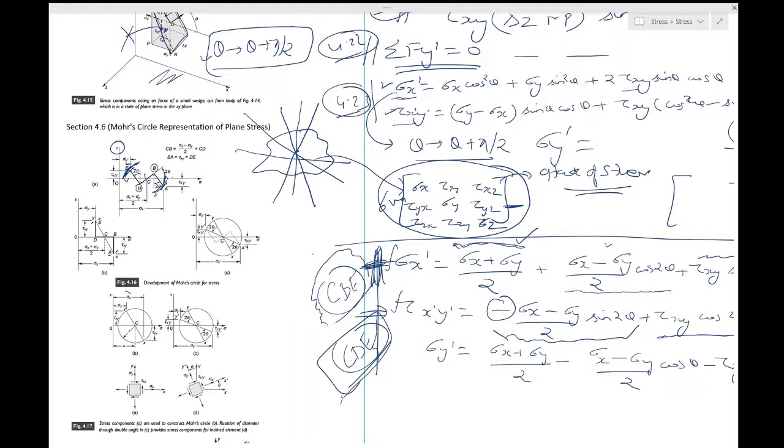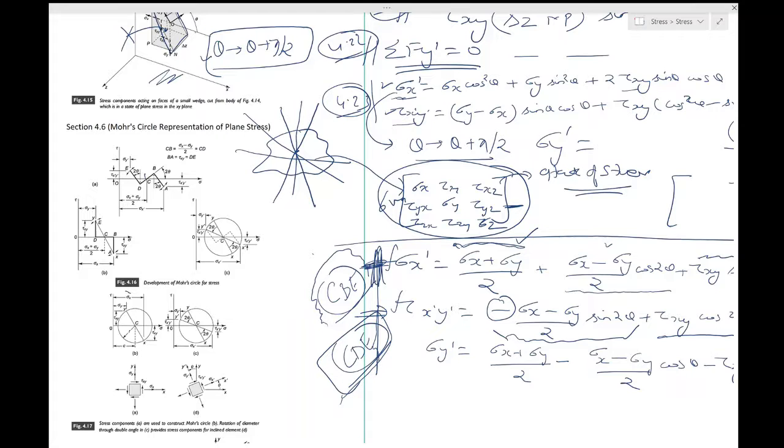Now please look at 4.16b. I'll just rub this part out so that there is some clarity. Please look at 4.16b, and you have theta equal to 0 degrees, and in this case the abscissa of points A and B is sigma x. So the abscissa of point A and B will be the same.